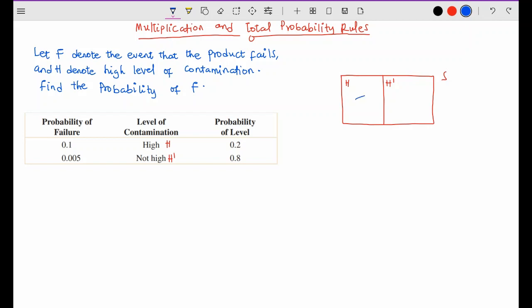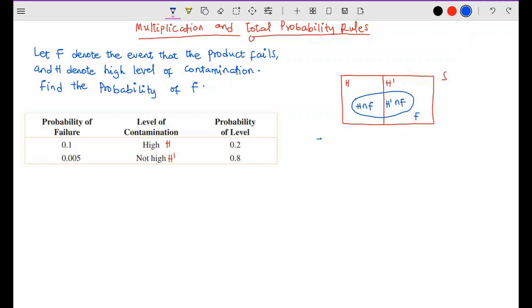You're going to have another event F, which is the semiconductor that will fail. So over here, you're going to have H intersection F, and H prime intersection F. Those that have high level of contamination and at the same time have failed, and those that do not have high level of contamination and at the same time have failed.